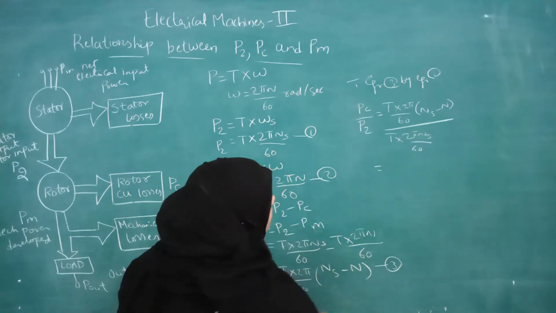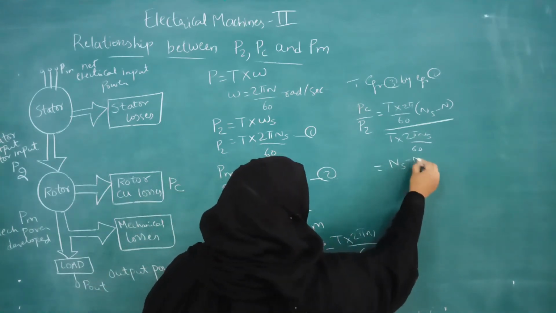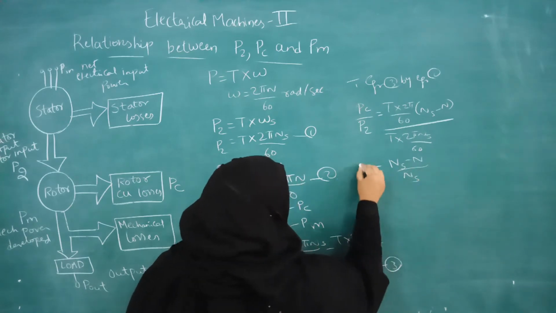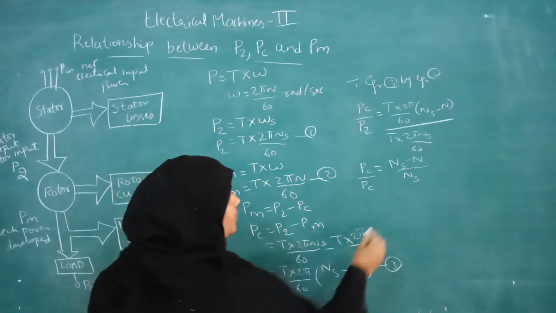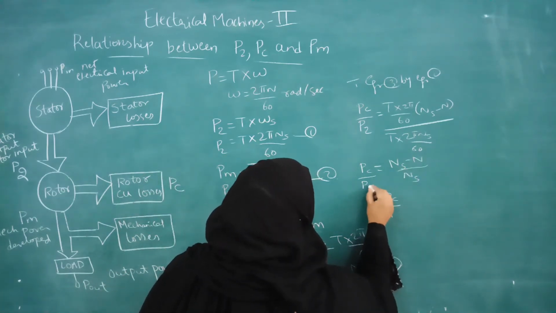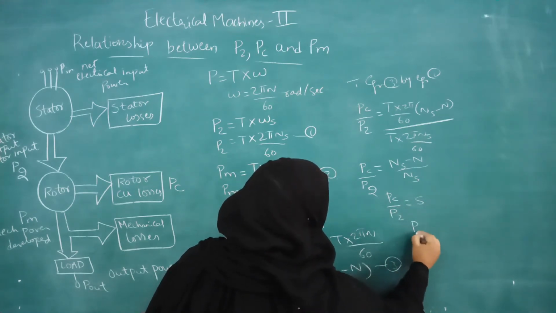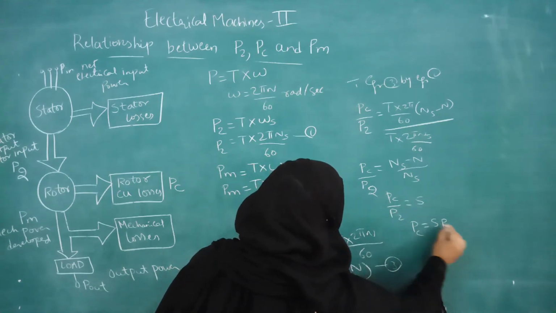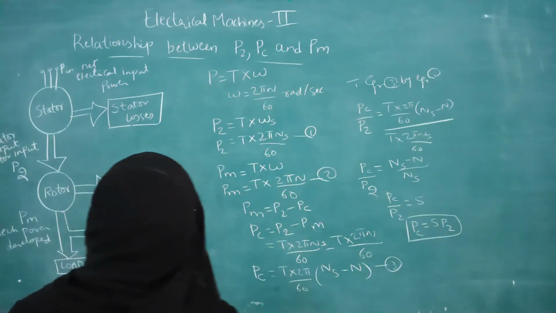So I can cancel the common terms, T into 2 pi by 60. Now I am getting the value as Ns minus N by Ns. PC by P2 is Ns minus N by Ns. We know this value is slip. So PC by P2 is equal to S, or I can write PC is equal to S P2. We got it.